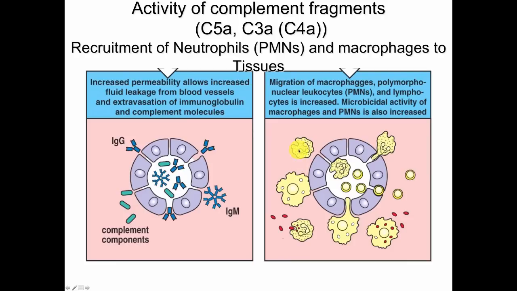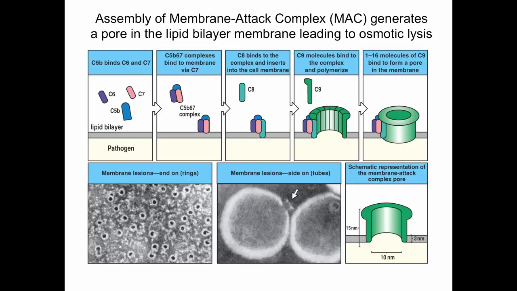So in this cartoon, you see a neutrophil, you see a macrophage, and the presence of the complement protein serves to help recruit these neutrophils from the bloodstream into the site of the inflammatory response where the complement proteins are being activated.